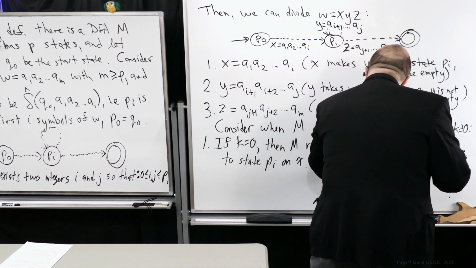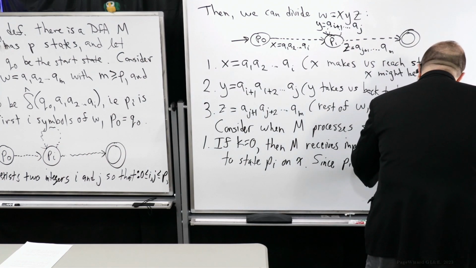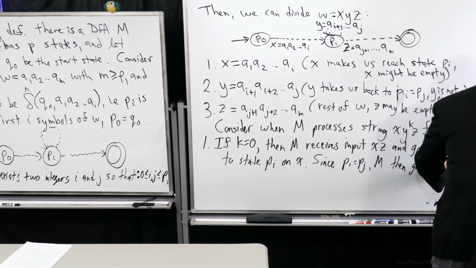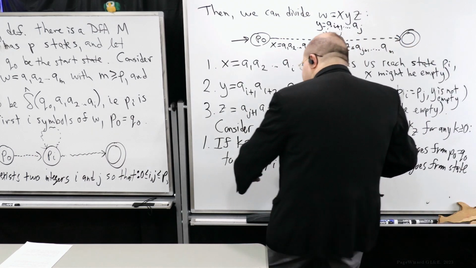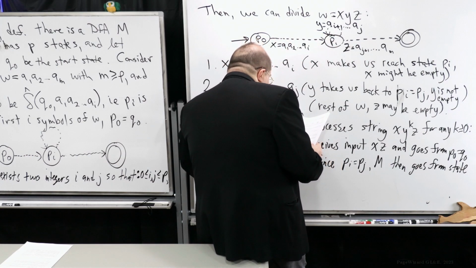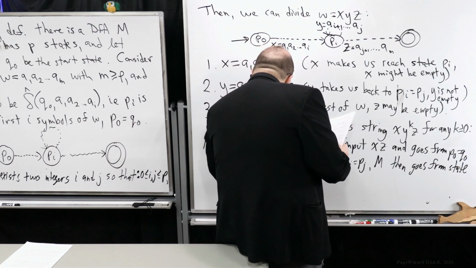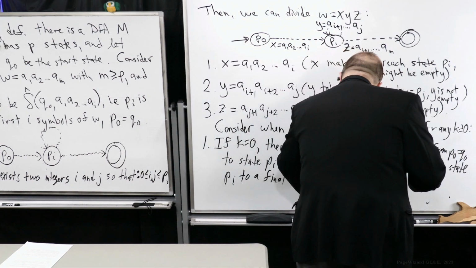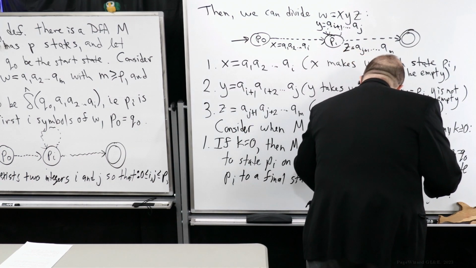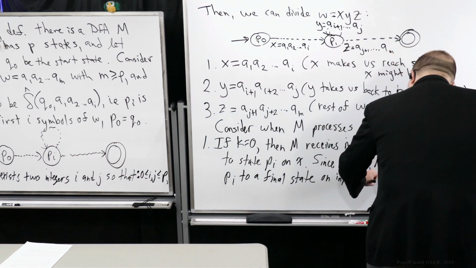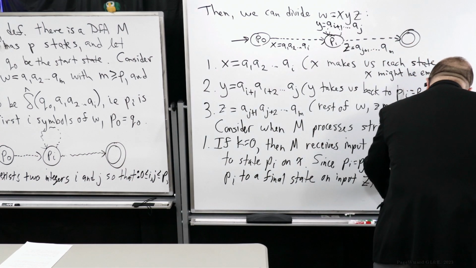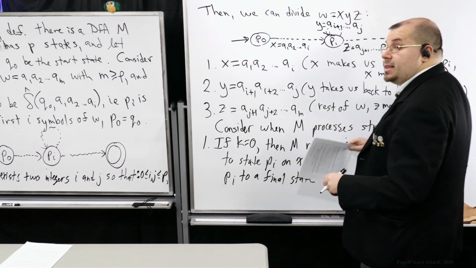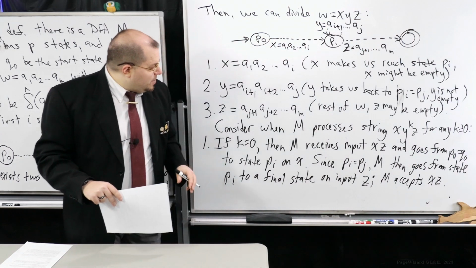Since pi is equal to pj, M then goes from state pi to a final state on input z. So that means that M accepts xz. But what does that mean? It means it's a part of the language. So that's the first possibility.